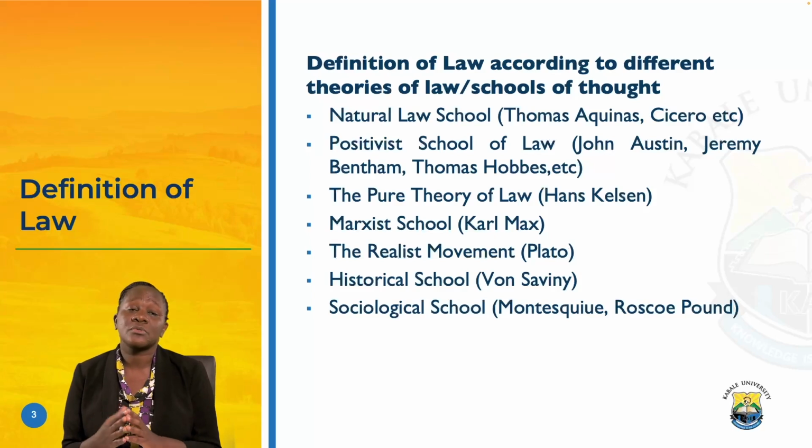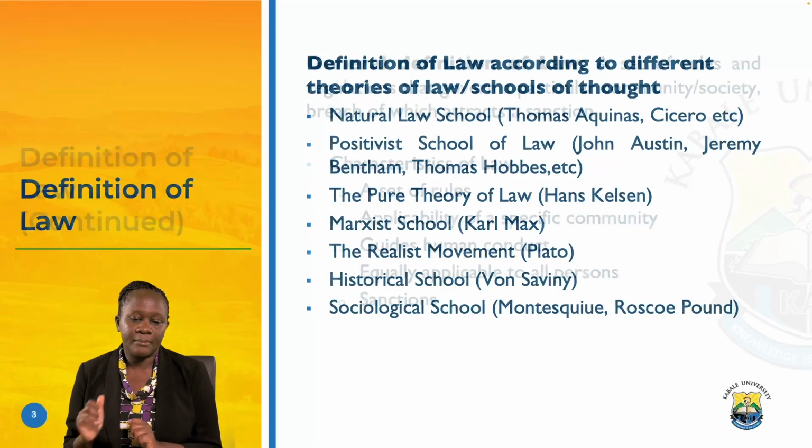And then the historical school similarly advances culture and says that before we can say that we have law, it should speak to the culture of the specific community to which it applies.